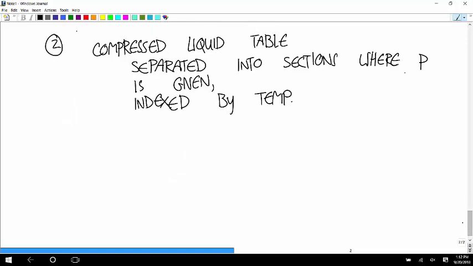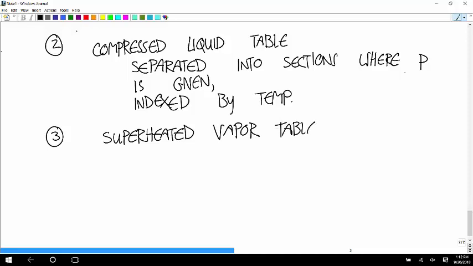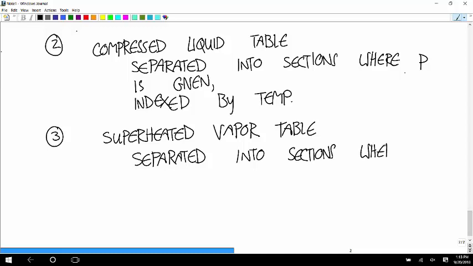The same idea is the table for superheated vapor. So it's going to be separated into sections where pressure is given, and then indexed by temperature.